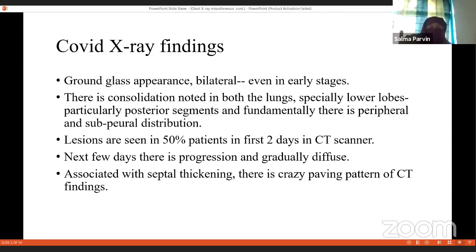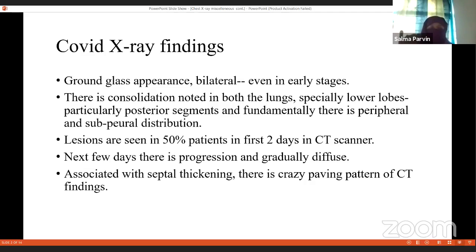We have to keep in mind that peripherally pyramidal shaped consolidations are also an important presentation of pulmonary thromboembolic patients. There may be association, but you should not forget dissociation.